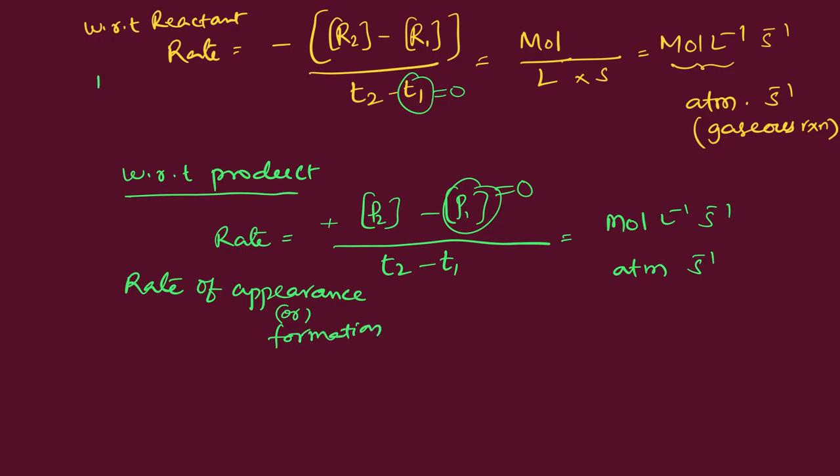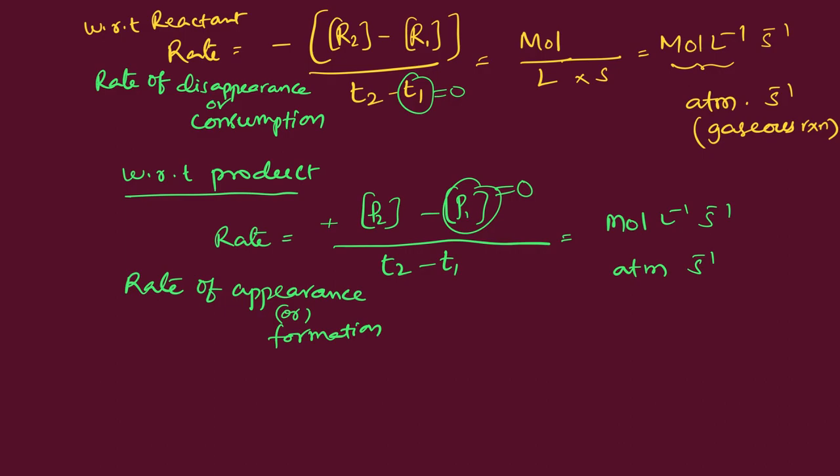This can be called rate of disappearance or consumption. So now this can be explained with the graph also.